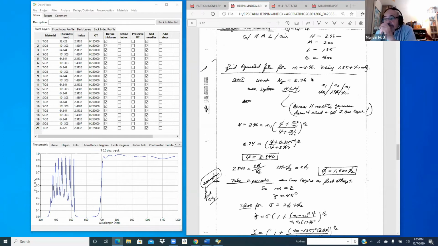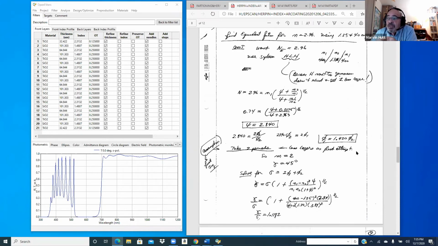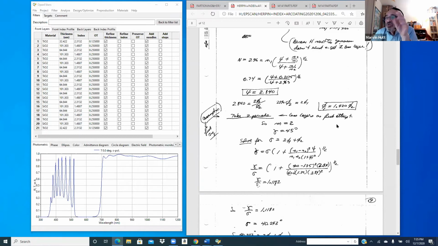So let's see what happens. We take the index as 2.4. We look at the formula. It's approximately this. So psi is 2.84. That's 2 phi over phi1. Working the formula out, phi1 is 1.420 phi2. Now the thing is, how many periods do we want to do? Let's do 2 periods.